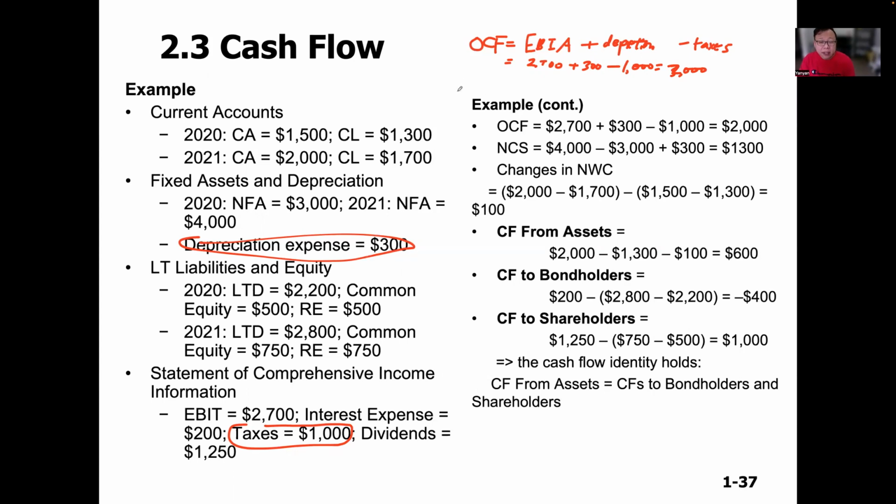Okay, next, NCS. So what is NCS? OCF is operating cash flow. So what is NCS? Is that net capital spending?